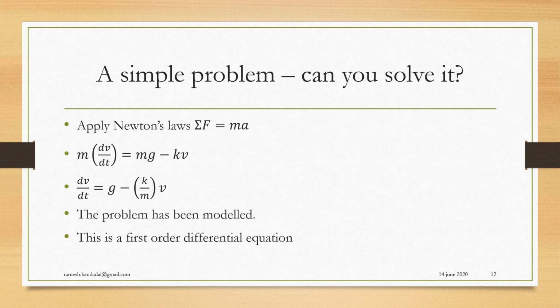Apply Newton's law, where we are looking at the sum of external forces equal to mass into acceleration, and you get the problem modeled in a very simple two-step exercise. This is a first-order differential equation because it has first-order derivatives with respect to time.